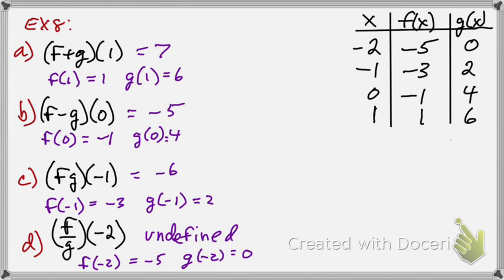It's undefined. So if we got into Desmos, for instance, and we put those functions in there and divided them, something's going to go off the charts at -2. It won't exist.